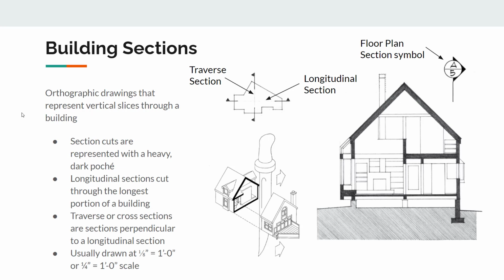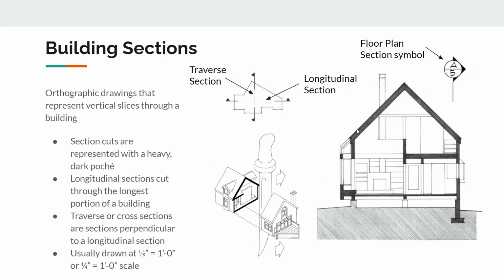All right, next we have building sections. So a building section is an orthographic drawing that represents sort of a vertical slice through a building. Here is a really good illustration of that. As you can see, we have the knife and it's cutting right through the building, and then the poche line is showing you exactly where that cut is happening.